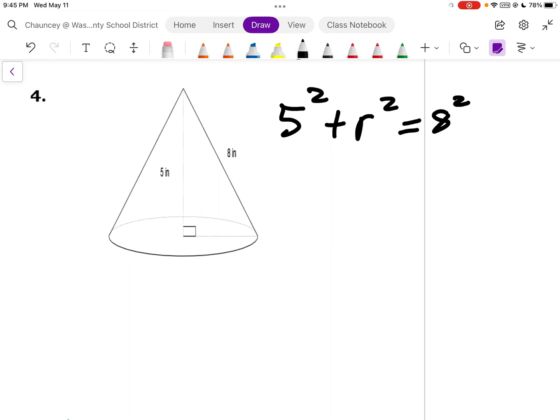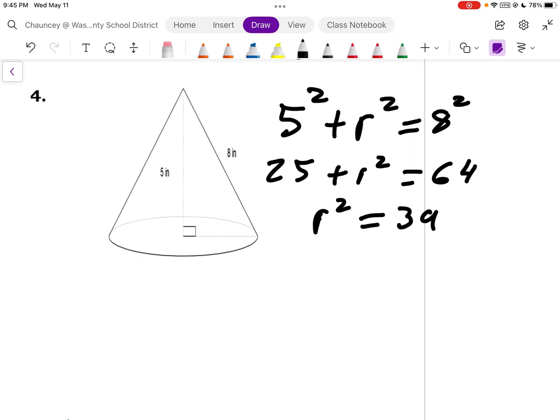All right, so we're good there. So 5 times 5, we got 25 plus r squared, 8 times 8 gives you 64. Okay, and if you end up subtracting that, you end up with 39. So you end up with r squared equals 39. Let me double check that. So 64 minus 25, that gives you 39, right?